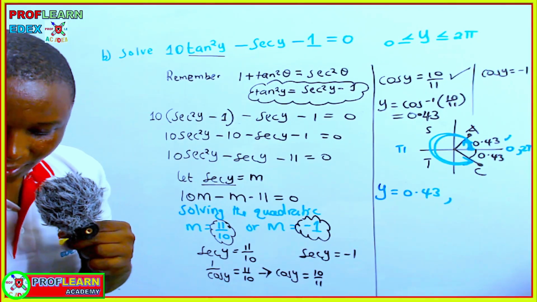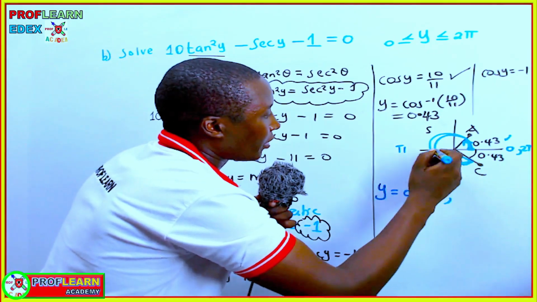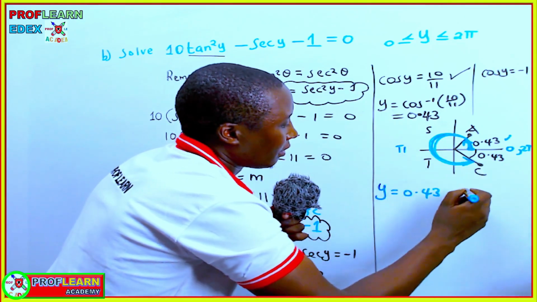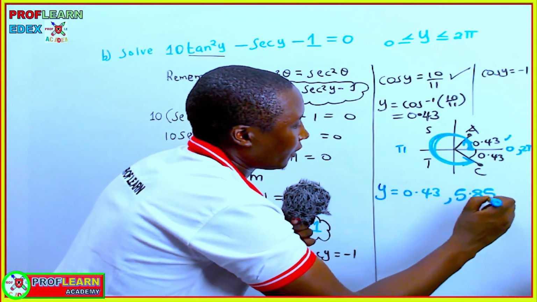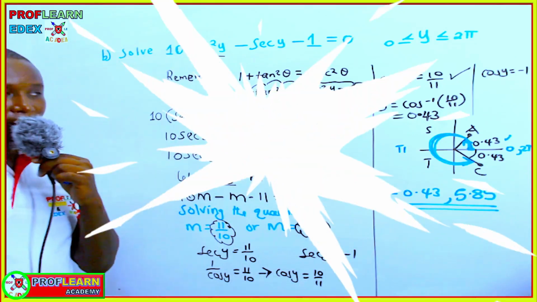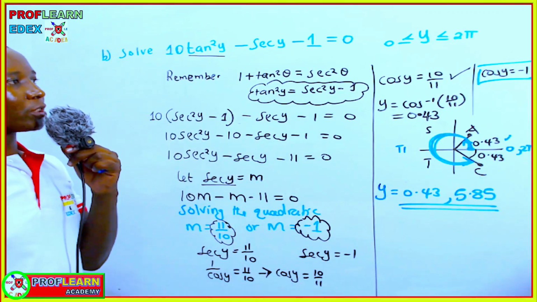If you subtract that, you are going to get 5.85. So this angle that we are having up to this point is 5.85 radians.